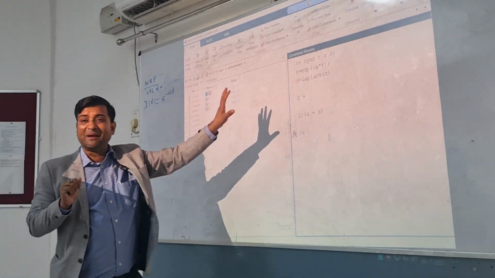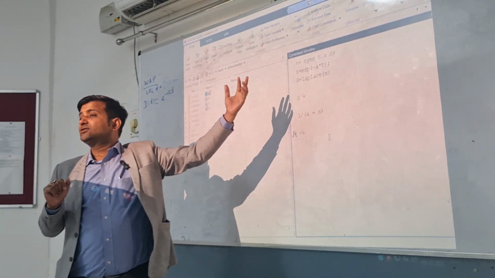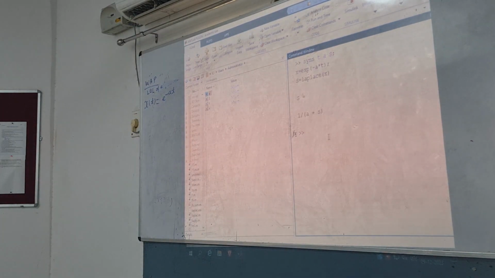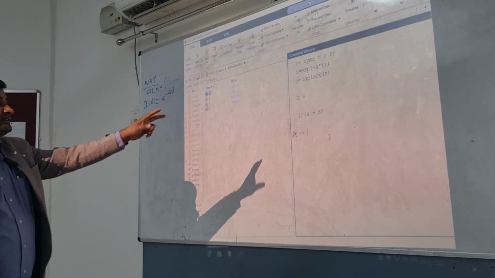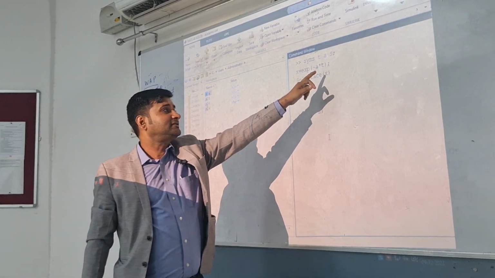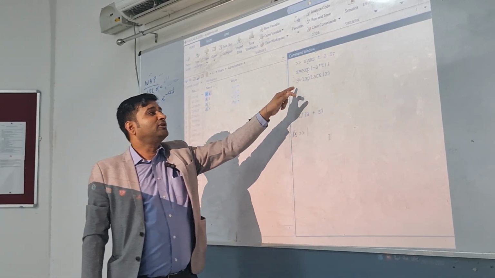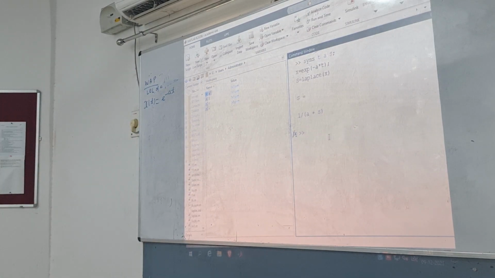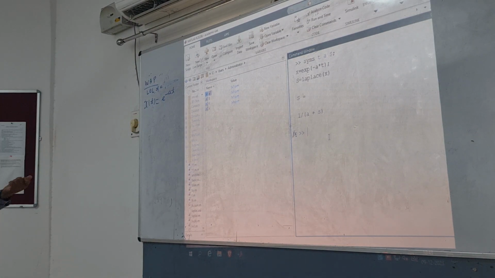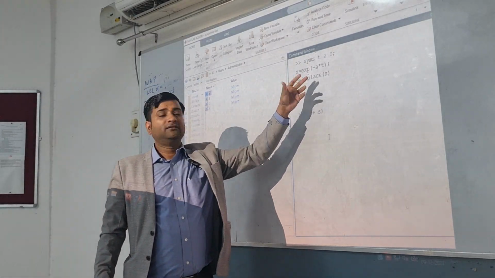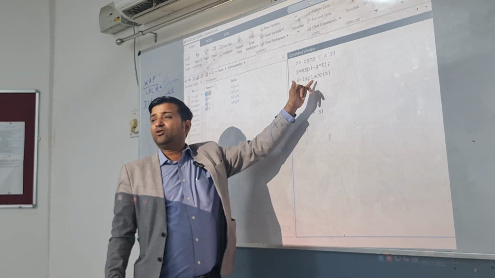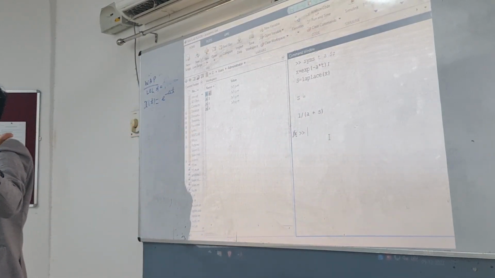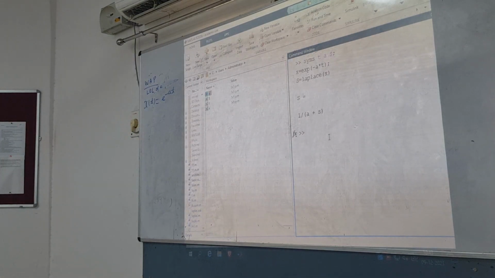Then in MATLAB you write x equals exp, and in brackets minus a star t, where the star signifies the multiplication operator. Then you use the built-in library functions in MATLAB: laplace of x, then s equals laplace(x). Then you find the standard result of the Laplace transform of the exponential function.